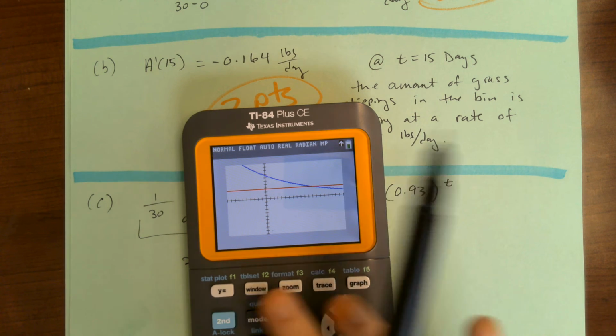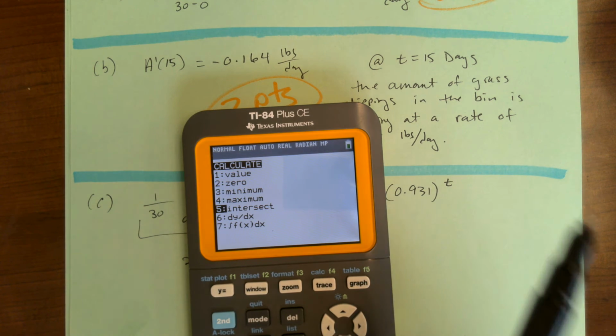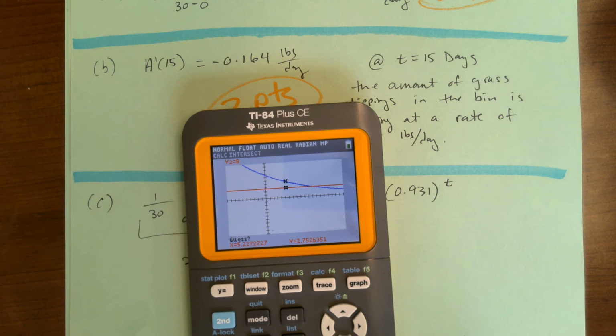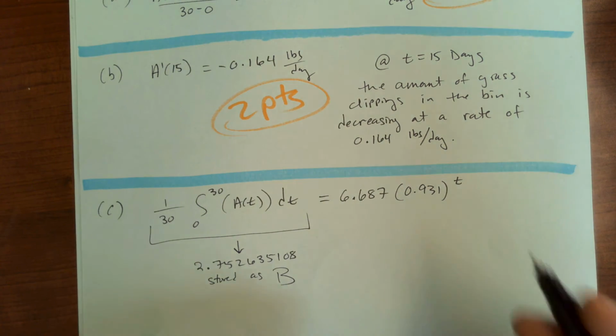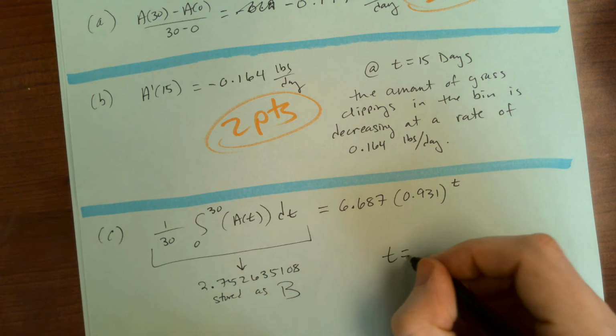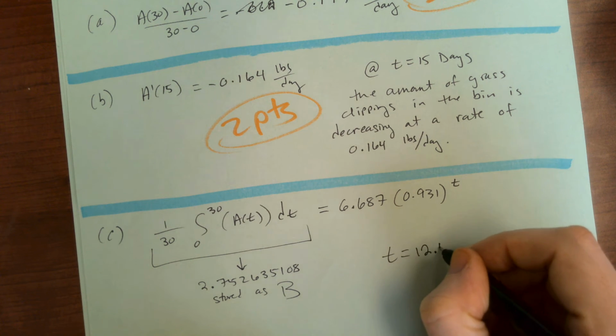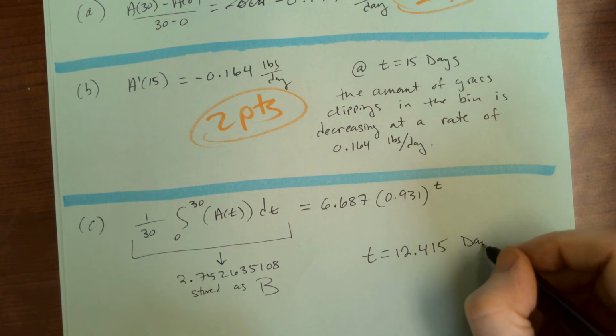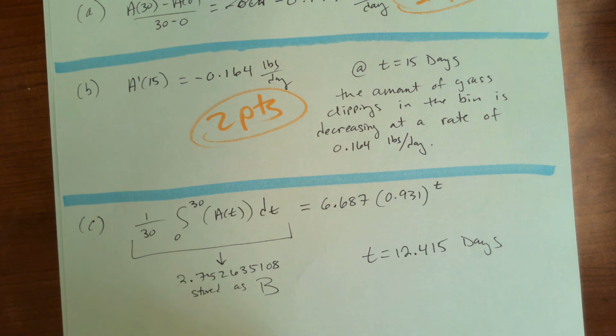So I go second, trace, intersect, and then I just hit enter 3 times. And there it is. So t equals 12.415 days.